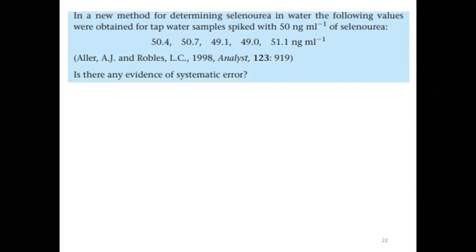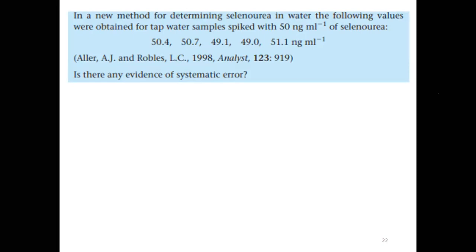That is the actual value. But you can see 5 results have been shown. Five measurements have been taken using the new method, and we got 5 different values instead of 50.